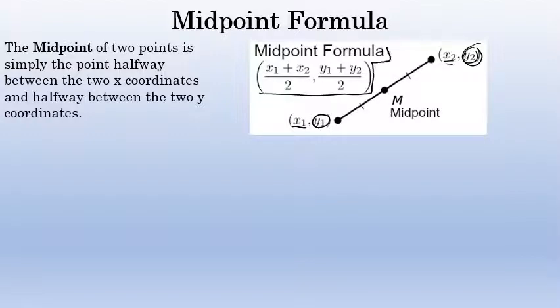The x-coordinate of the ordered pair is halfway between x1 and x2, or, as I said earlier, the average of those two values, (x1 + x2) divided by 2.